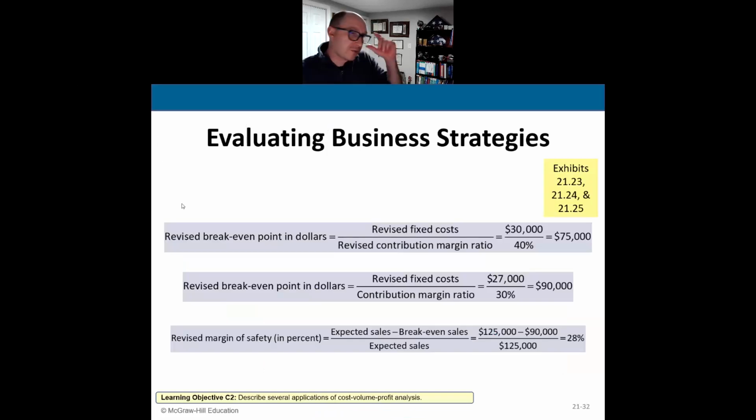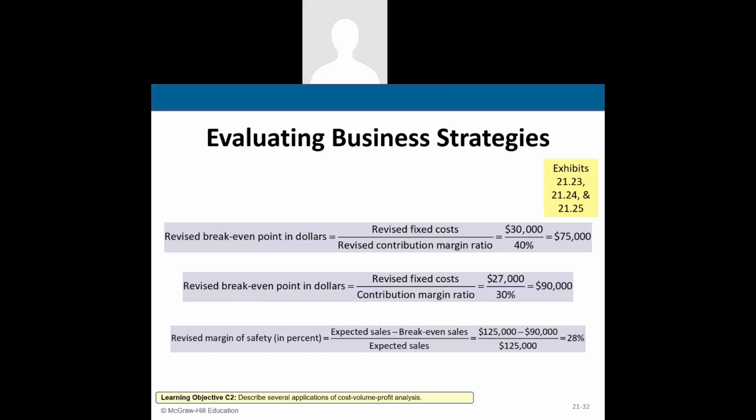A couple of other business strategies that we use include revision of break-even points in terms of dollars and revisions in terms of margin of safety. Every time that there's a change in something like variable cost or fixed cost, the break-even point changes.